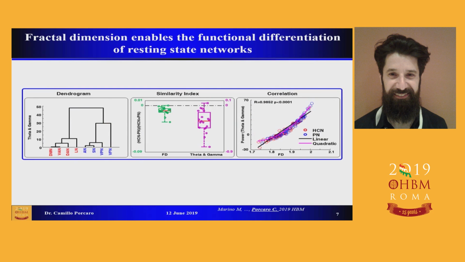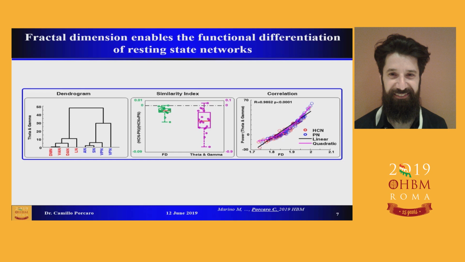Of course, I'm not going to say that fractal dimension is the only index that can describe all the neurodynamics of the resting state networks. But, for example, we can combine other features that we can extract from the time domain and sort out how we can explain the neuronal dynamics underlying the resting state networks, or particular resting state networks.